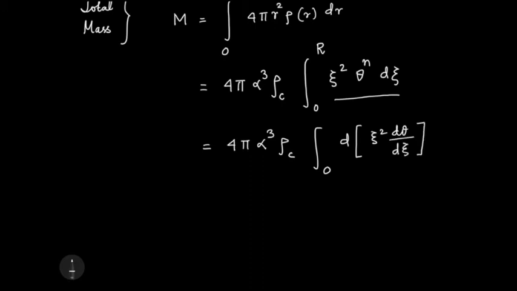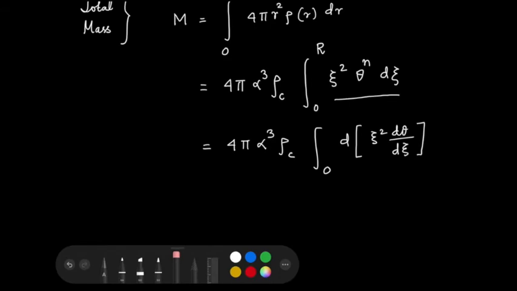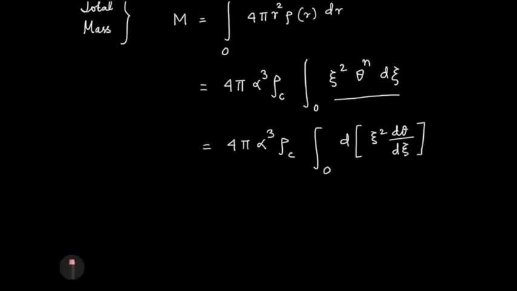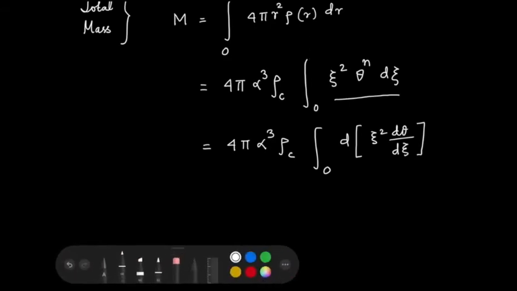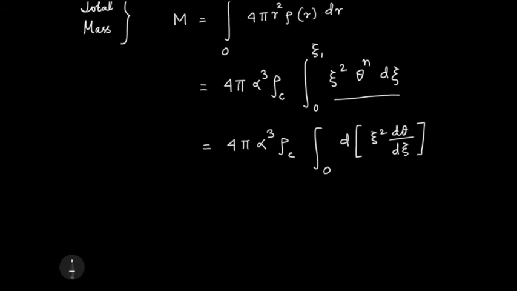One thing I did not do, when I change the units from r to xi, remember that this should go to xi1, which corresponds to the radius of the star. And the Lane-Emden equation has a minus sign, so I should have a minus sign here. So what do I get?